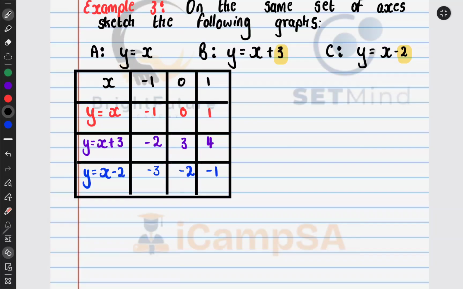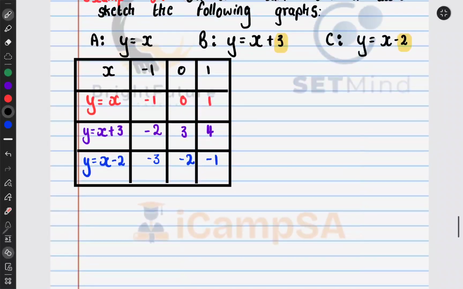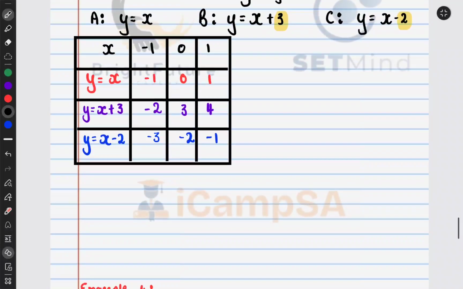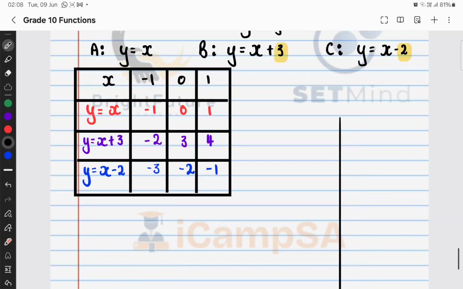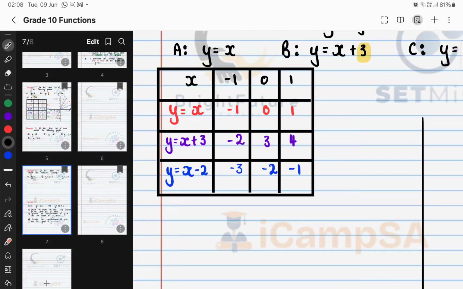Yeah, so that is your table there. Next, let's draw our axes, so that we can study what happens. In fact, let me just do it just like this.